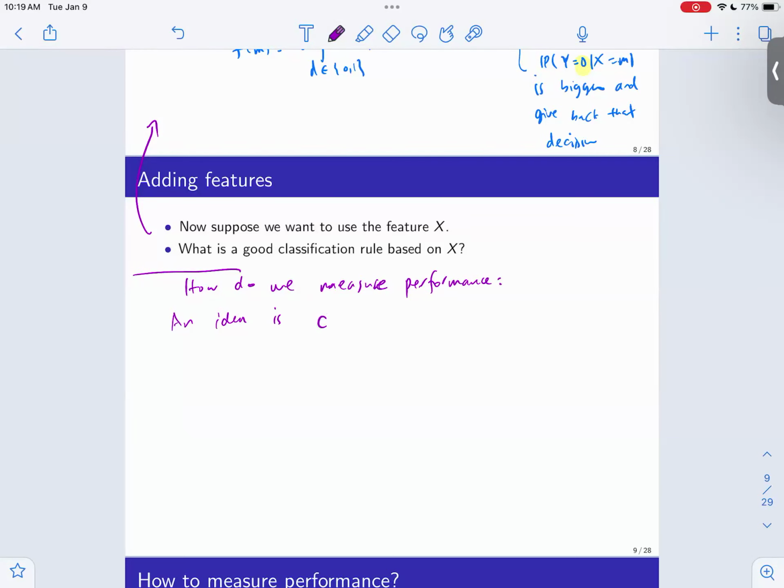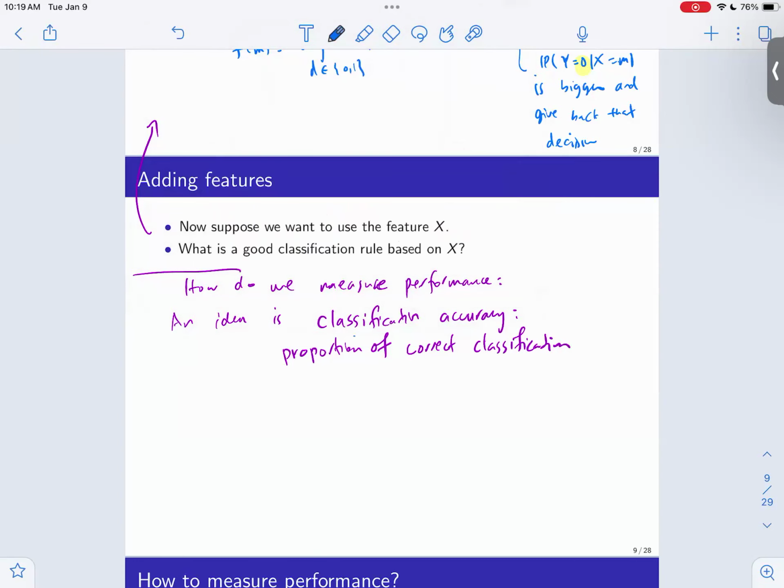Classification accuracy, that's what it was. Proportion of correct classifications, let's say.